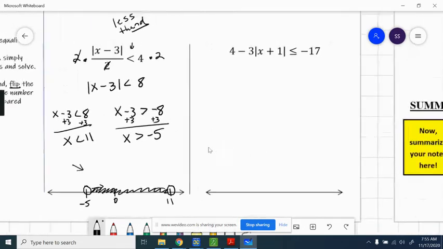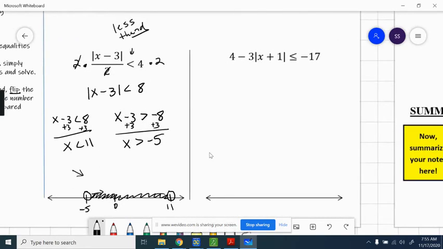Now let's take a look at this next one here. All right, first thing we want to do is remove the absolute value bar. So I need to first get rid of this +4. We're going to do so by subtracting 4 on both sides.